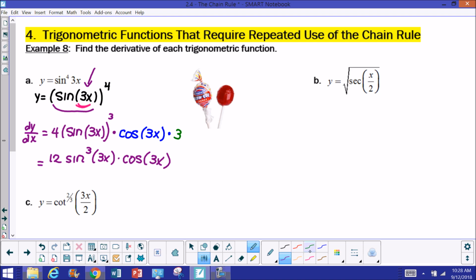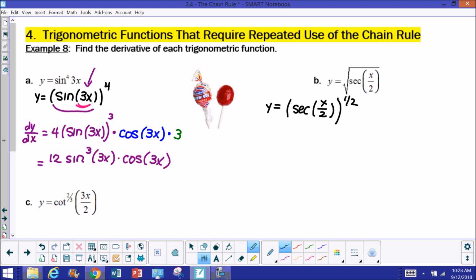So if you look at B, B has all sorts of problems. It's not ready to take a derivative yet. So let's rewrite this so that it has a power attached. And we all know that raising something to the 1/2 power is equivalent to taking the square root and vice versa. So is everybody comfortable with that rewrite?